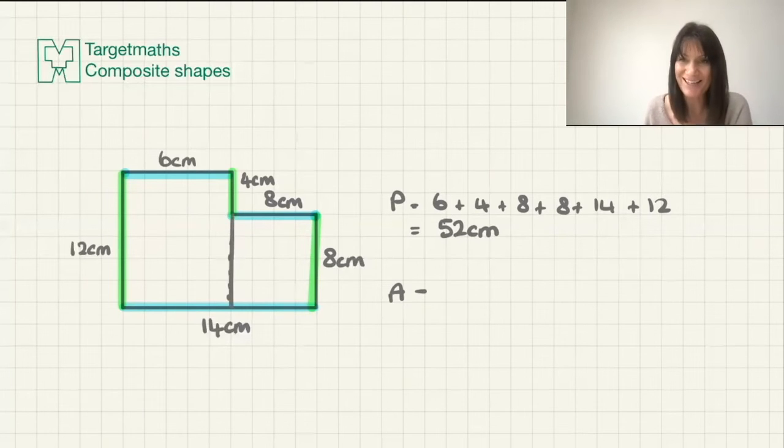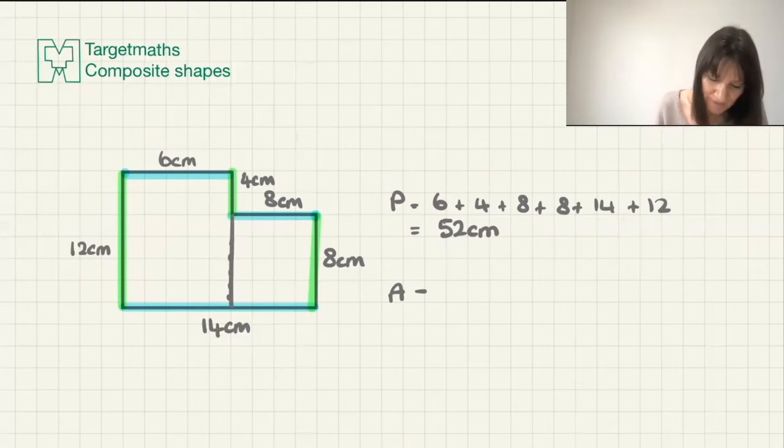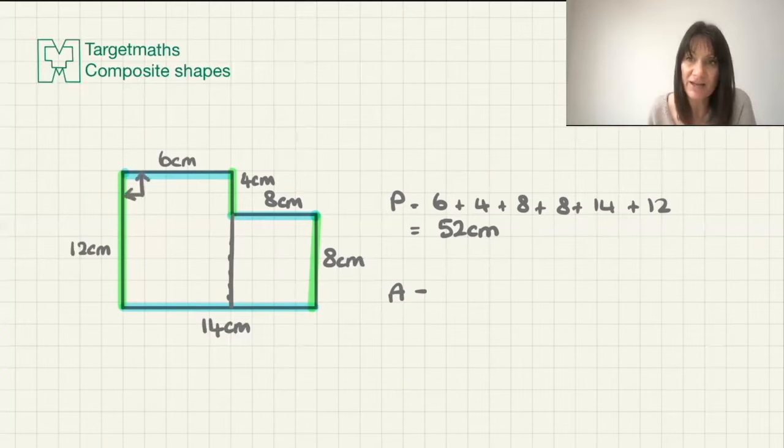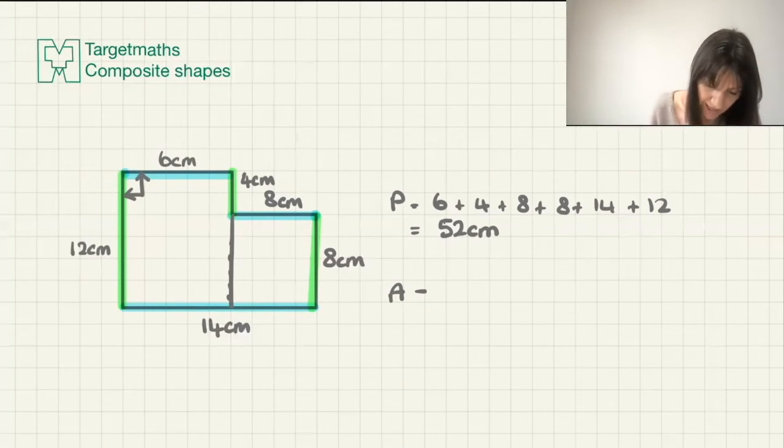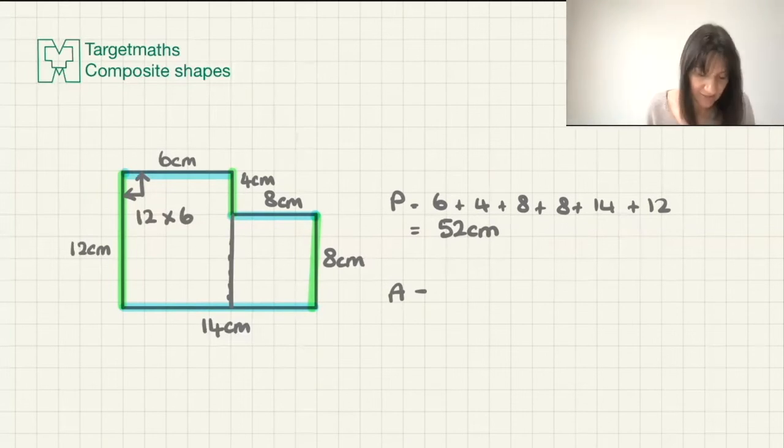I'm going to go back to that. I'm going to pop my right angle in. Remember, my right angle points to the two edges I need to multiply. We learned that in grade 2. So here I've got 12 times 6. 12 times 6. Okay. That's going to give me 72.